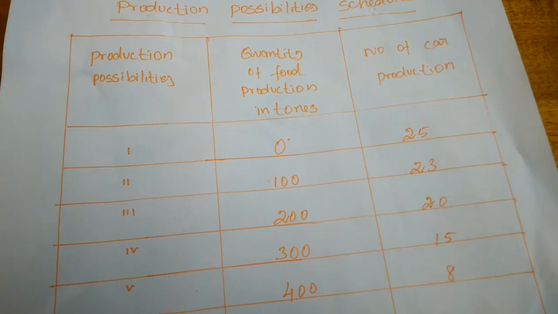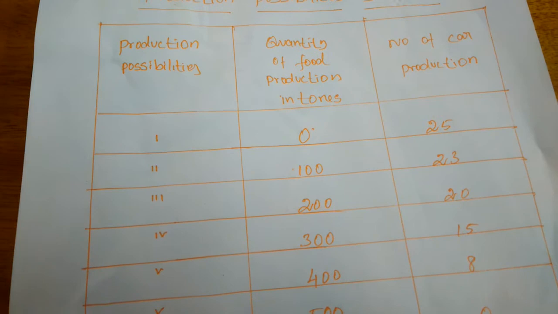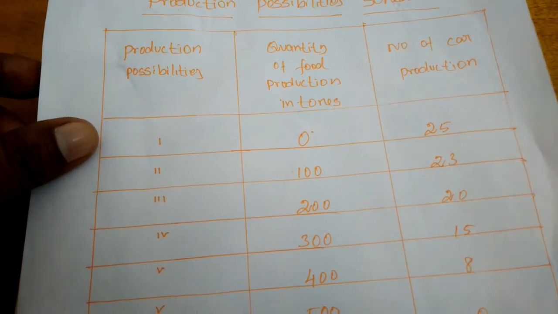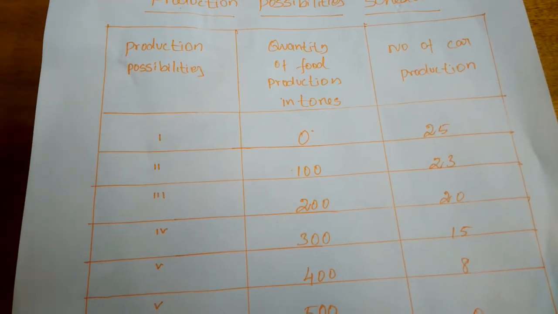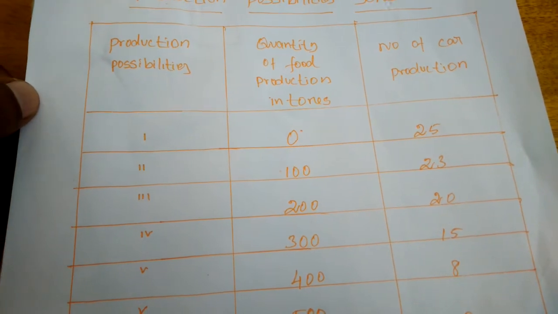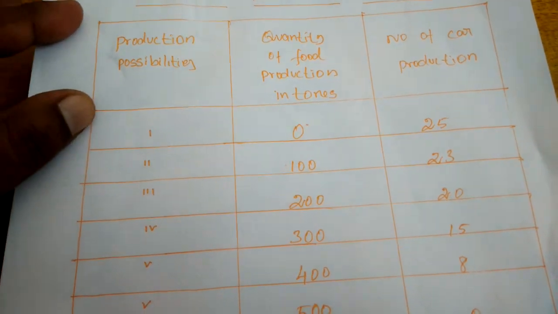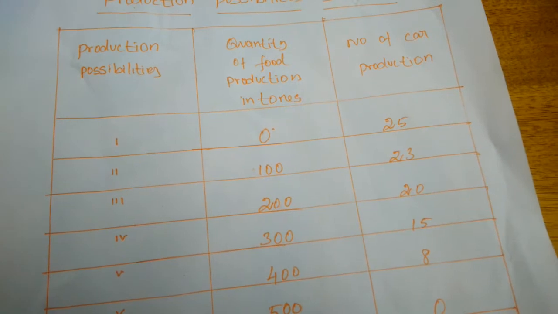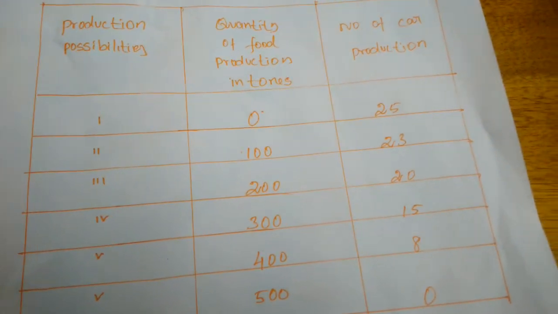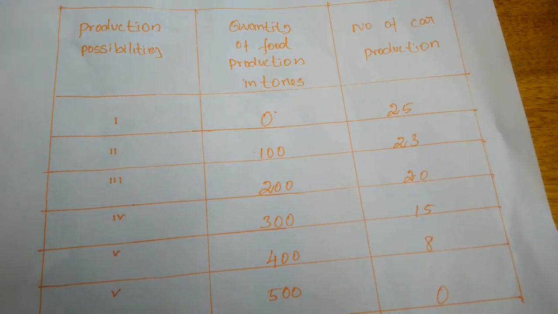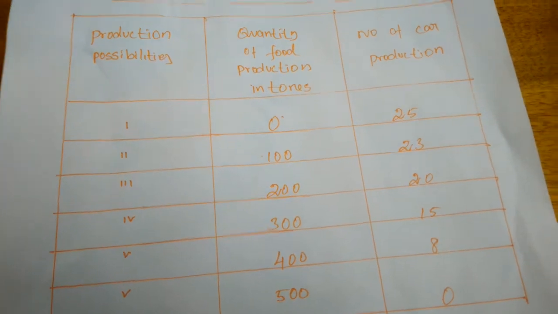The explanation and analysis of the production possibility curve is based on some assumptions. Do you remember what the assumptions were yesterday? First, the time period does not change.